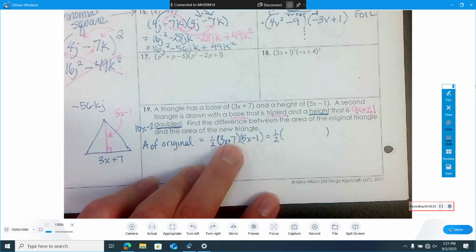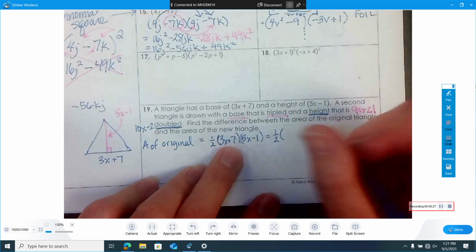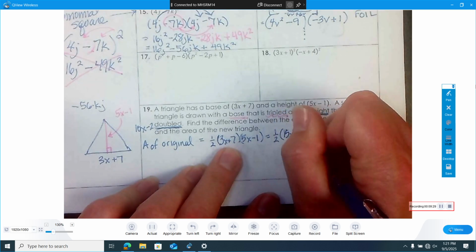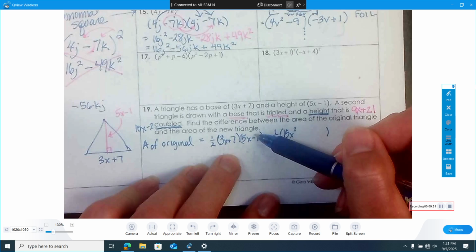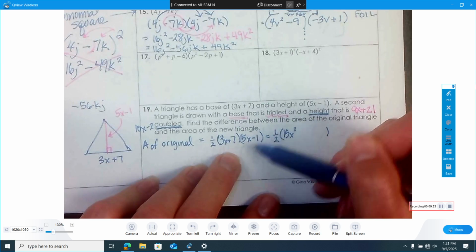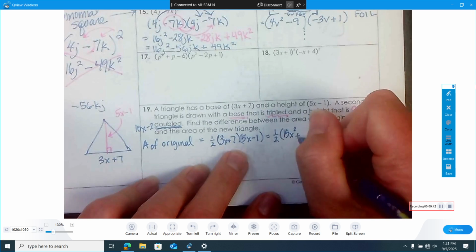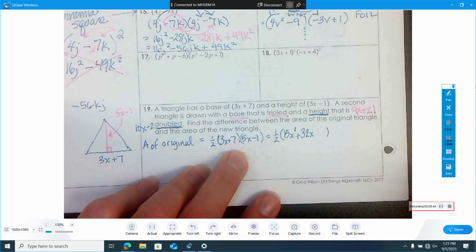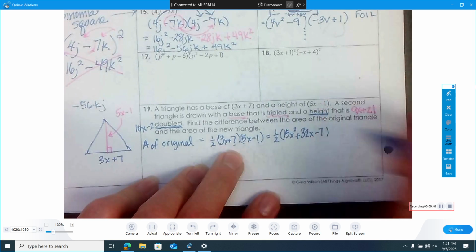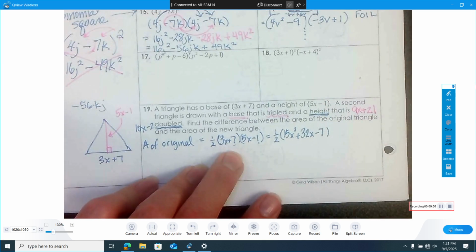I can do this in my head, so I'm going to do that. 3x times 5x is 15x squared. The outside is negative 3x, and the inside is 35x. Negative 3x and 35x's gives me 32x's. And last times last is negative 7. 7 times negative 1 is negative 7.